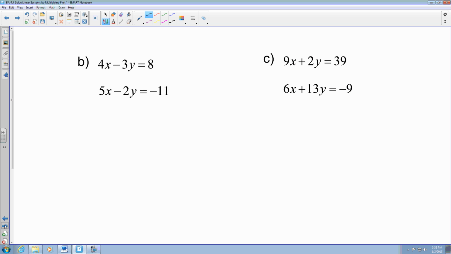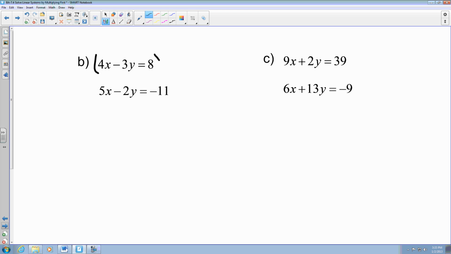Here's some more. Looking at b, is it in standard form? Is it in ax plus by equals c form? Yes, it is. So let's eliminate y for this case.